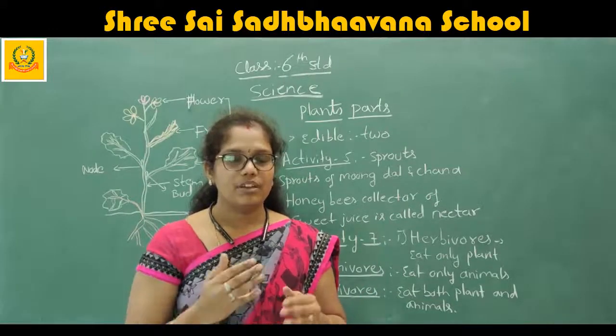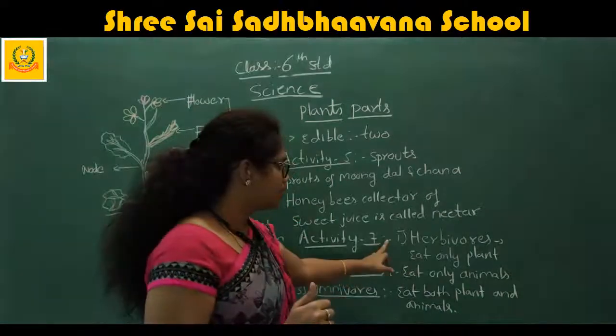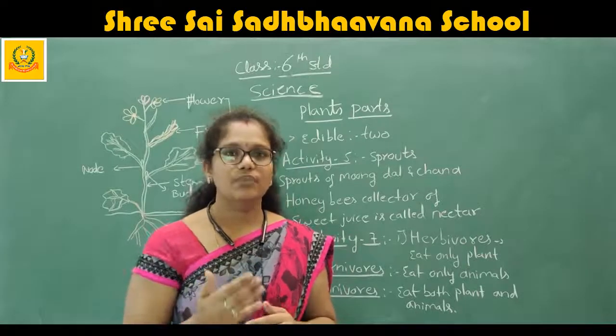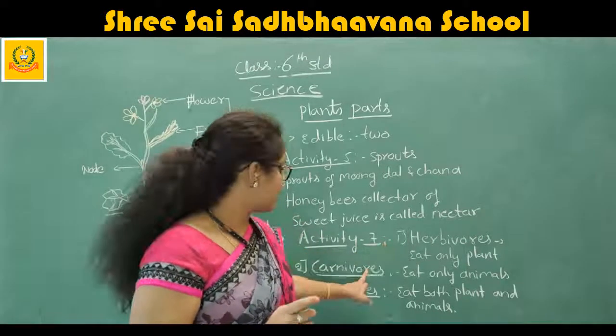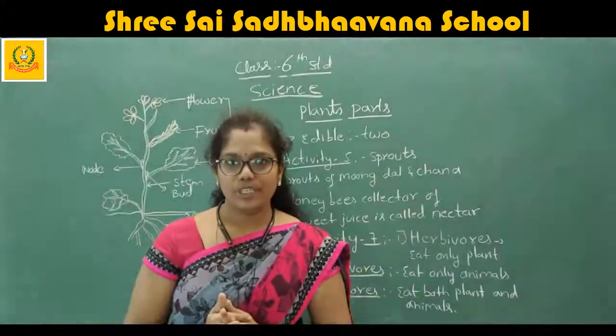What are the three types of animals? One is herbivorous, the second one is carnivorous, and the third one is omnivorous.